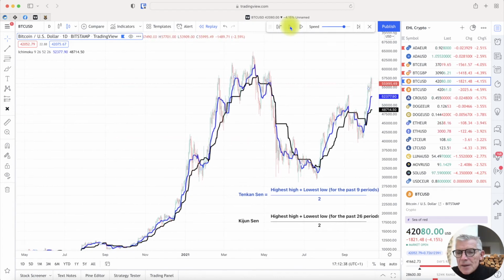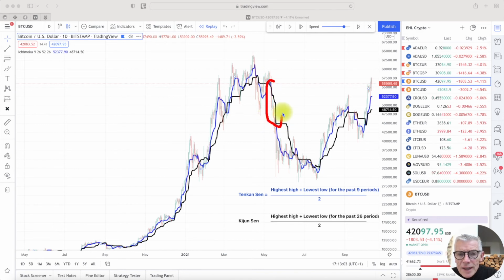Interesting to see here is where we have a crossover, just about here. We can see that Kijun Sen and Tenkan Sen are together and they're moving up together, and that is the strongest sign of momentum. We also saw that here.